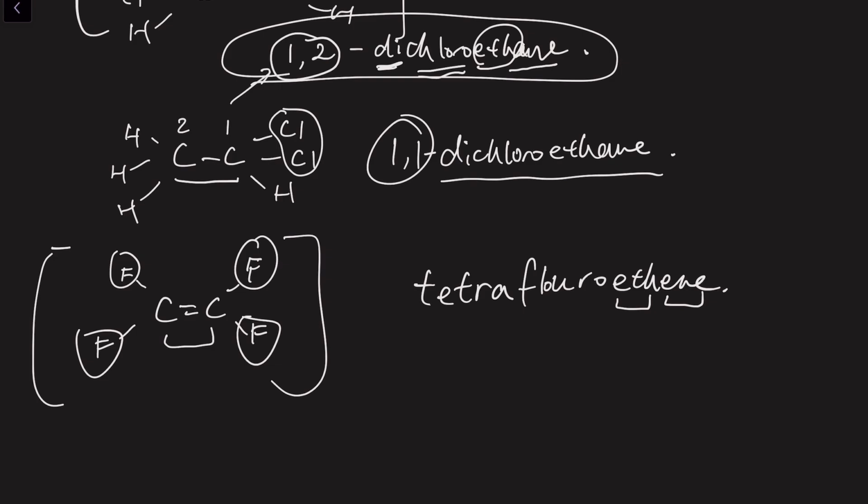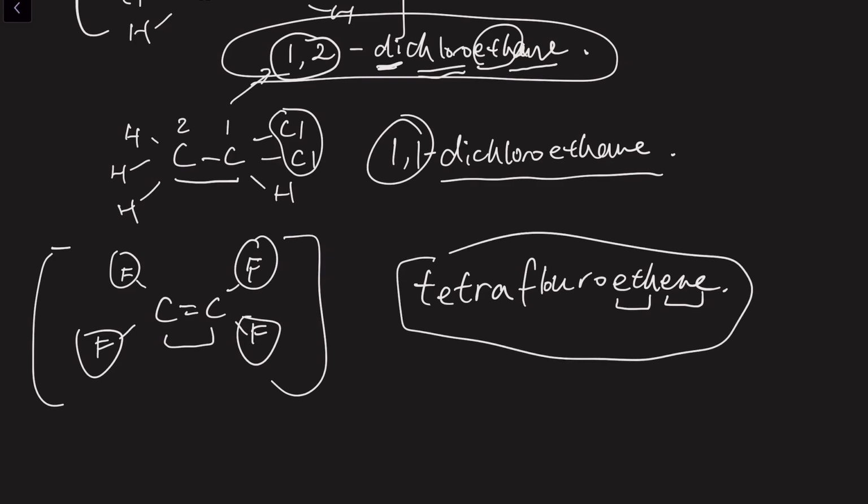So without even knowing the position, by just knowing this name, you can draw out the entire molecule. Since there's only 4 places left to put fluorines, and you have 4 fluorines present, then all of the available places will be filled by fluorine.